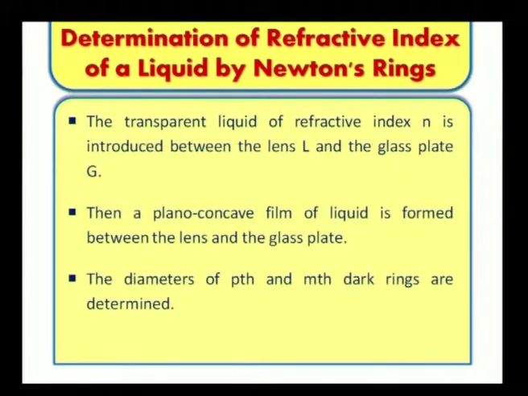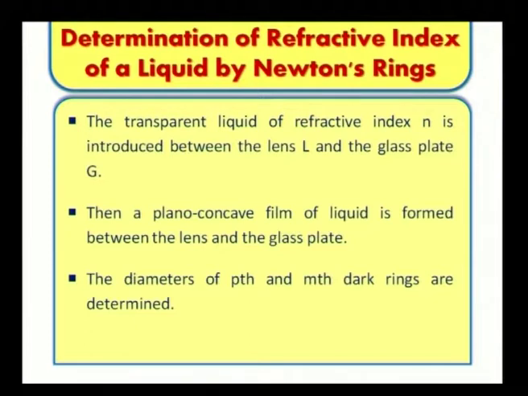Similarly, the diameter of the 16th ring in air will be greater than that in the case of water. So, the entire ring pattern would have shrunk. That is an important point. The diameters would have become smaller because n comes in the denominator.